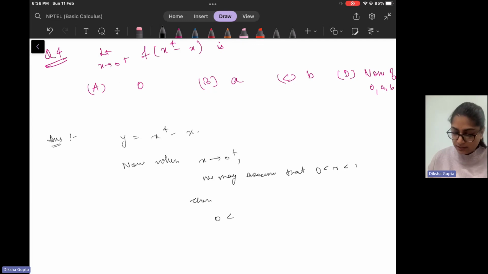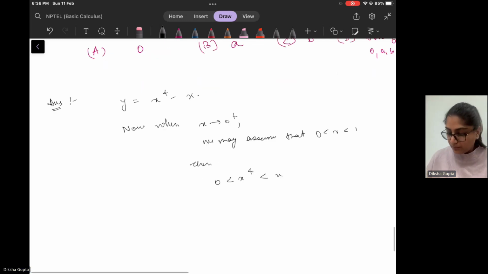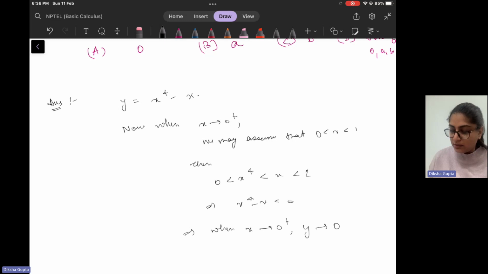This is the standard basic calculus thing, that when x is less than 1, the more the power, the more it will come down. So x⁴ less than x, and x less than 1, implies x⁴ minus x is less than 0, implies when x tends to 0 plus, y goes to 0 minus.